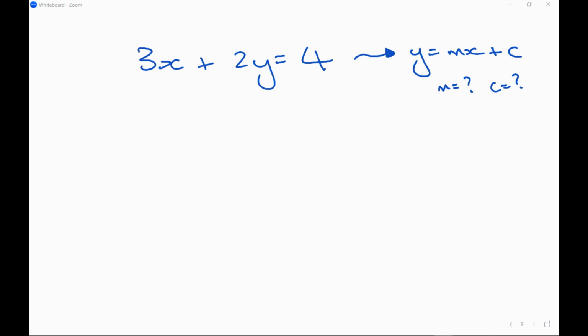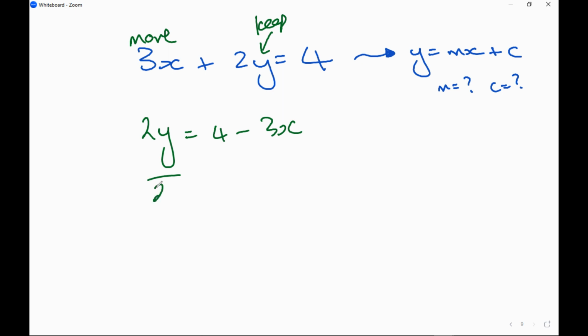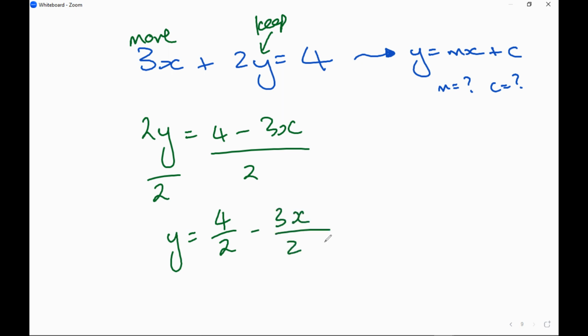Alright, so for this one here, the first thing I need to do, remember, I'm going to move the 3x over, keeping 2y. So we keep that, that's going to be right till the end. So it's 4 minus 3x. Divide by 2 on both sides. That becomes 4 over 2 minus 3x over 2.